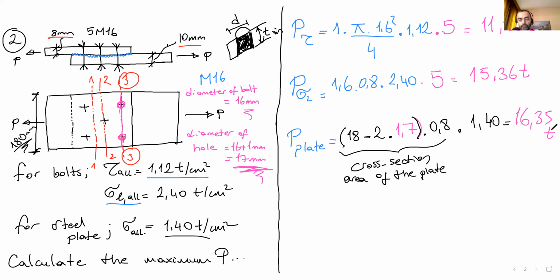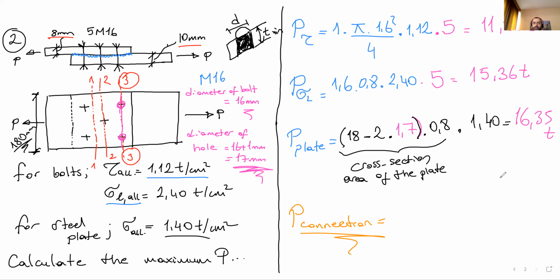Okay. What do we do? Let me write it here. P connection. Okay. The logic is basic, right?